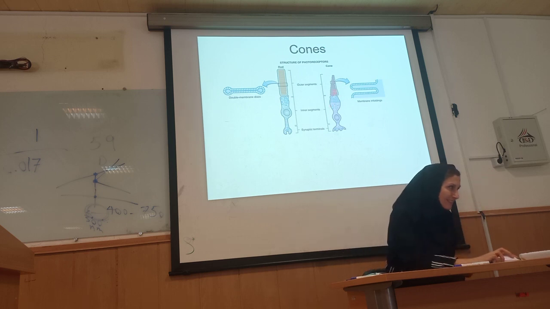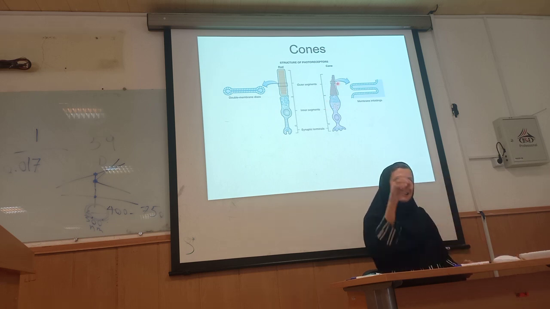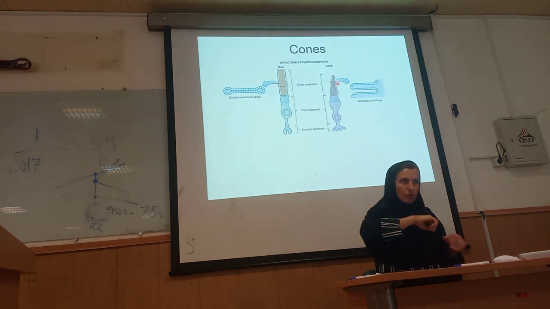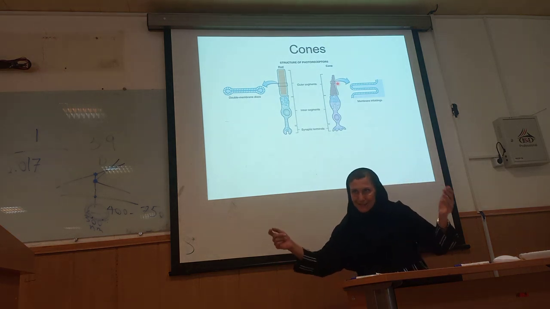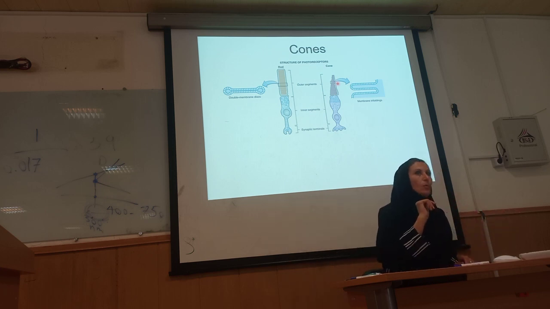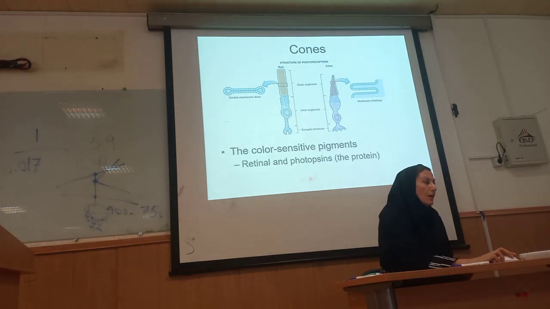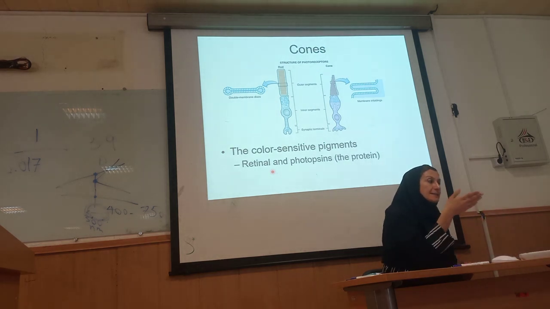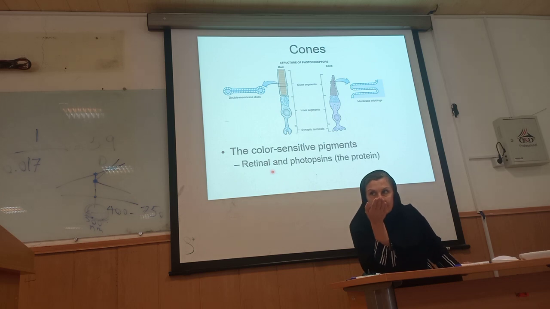The membrane folding of cones is a little lower, so the number of photopigments there is a little lower because the surface of the cell membrane is low. Another important difference from rods is that they consist of color sensitive pigments.